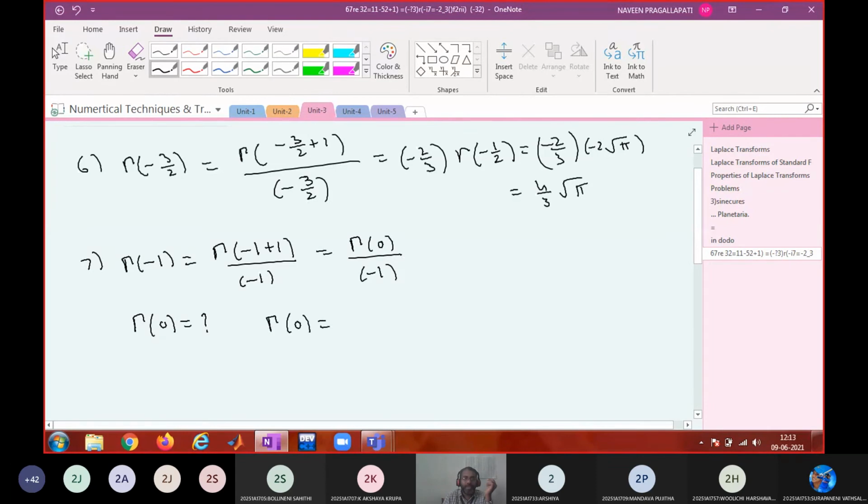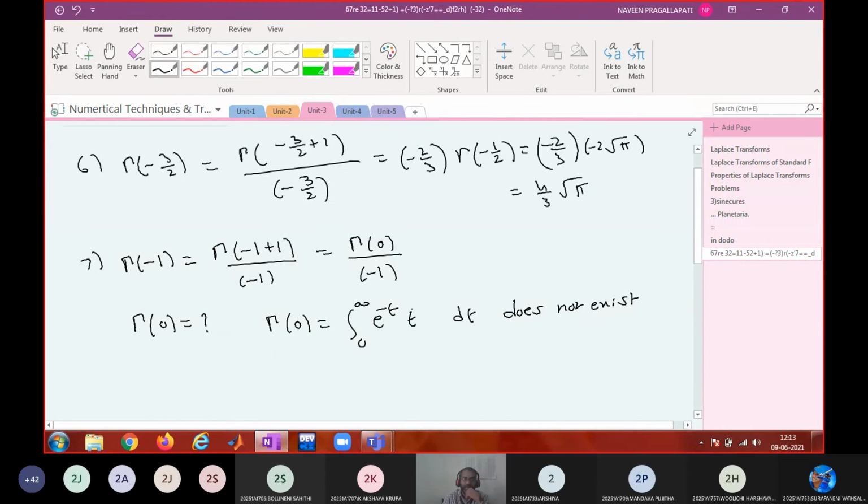Gamma of 0 is the integral from 0 to infinity of e power minus t, t power 0 minus 1 dt. But this does not exist. This integral is divergent. It's t power minus 1.